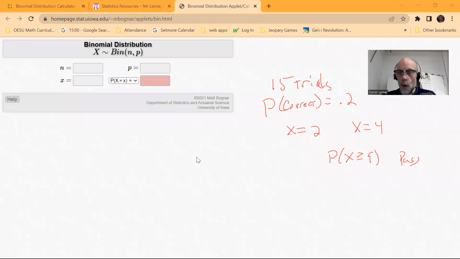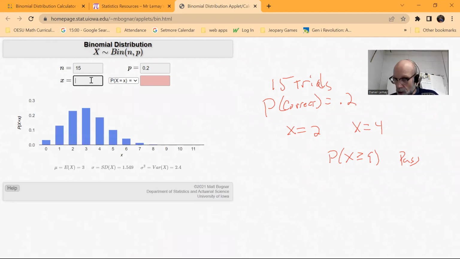First off, why do we have to make sure it meets those conditions? Here's what these distributions look like: 15 trials, the probability of success is 0.2. You're going to use a different calculator. This one works, but it's kind of limited in what it can do. Here's the distribution of getting anywhere from 0 questions right by blind guessing to as many as you can see.